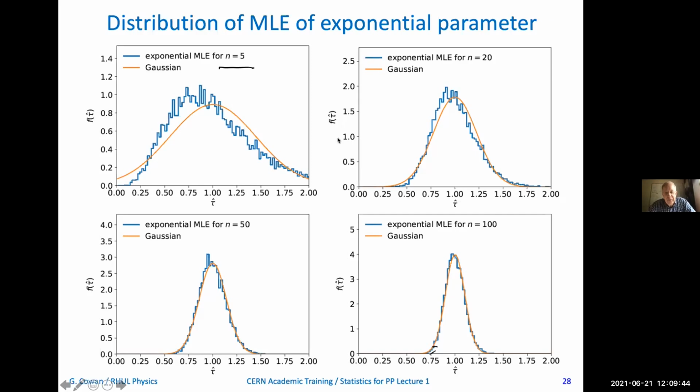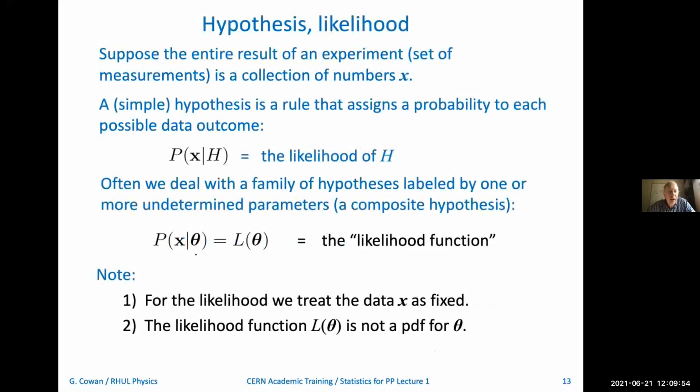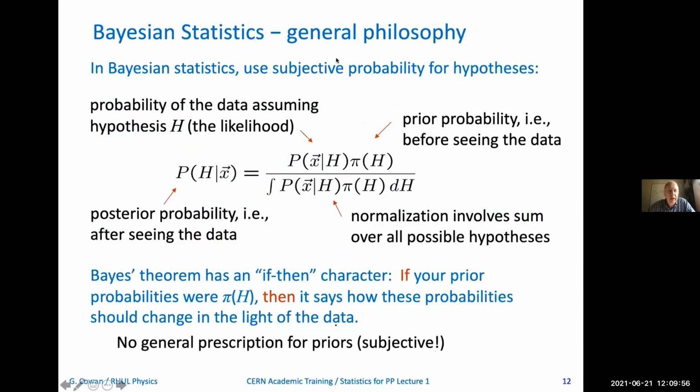The idea now is the following. If you look back at Bayes' theorem, let's see if I can go back to an earlier slide where I have Bayes' theorem somewhere. You will see in Bayes' theorem that the prior always appears multiplied by the likelihood.